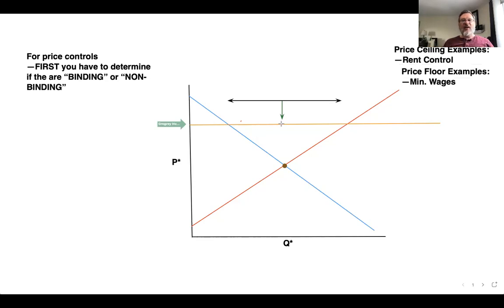And if the minimum wage is really high, then you have a lot of people who want to work, and you don't have a lot of employers that want to hire. And so you end up with excess supply, or you end up with unemployment. And so this is an example of a binding price floor.